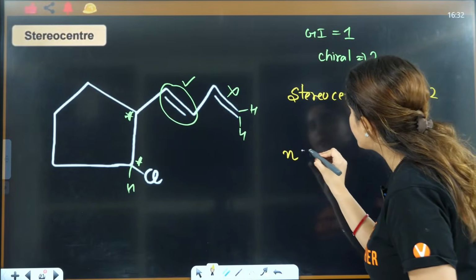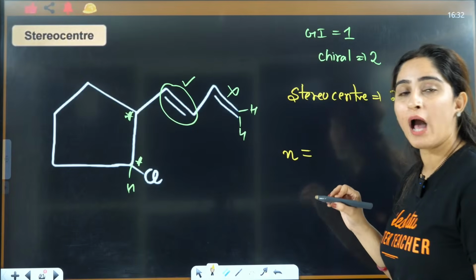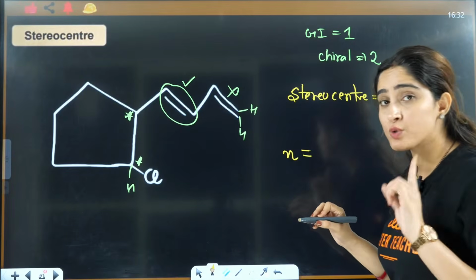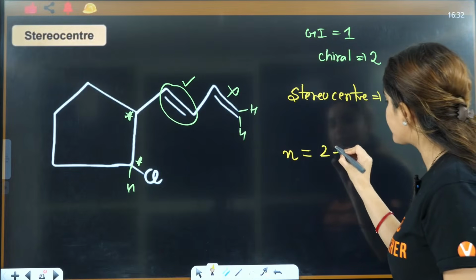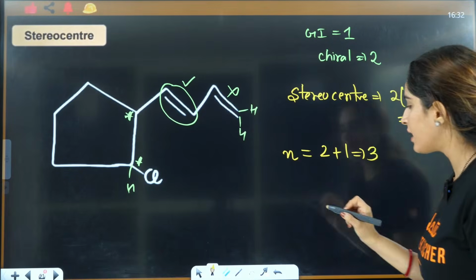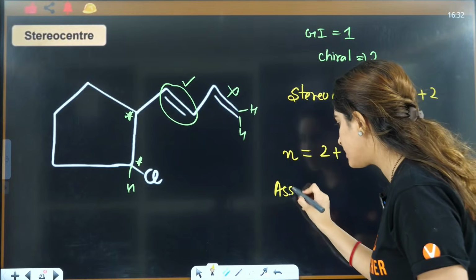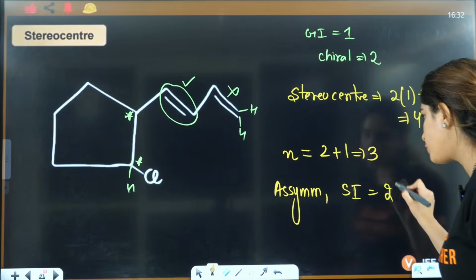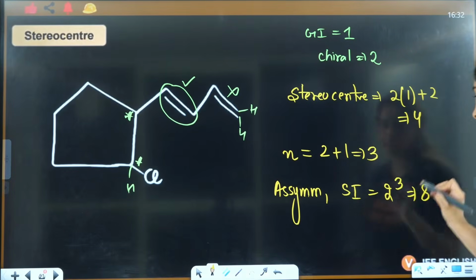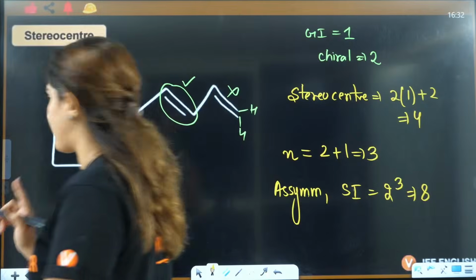But the number of stereoisomer sites, not stereo center, is 2 plus 1, that is 3. Okay. So for asymmetrical, because this is asymmetrical, stereoisomers are going to be 2 raised to power n, that is 8. And that is how you are going to define it.